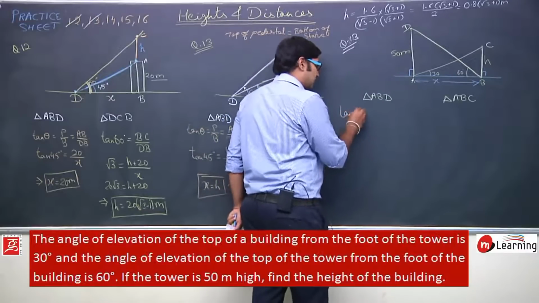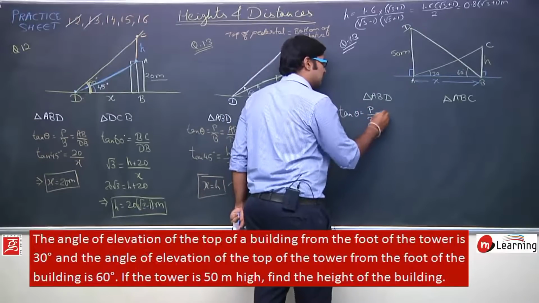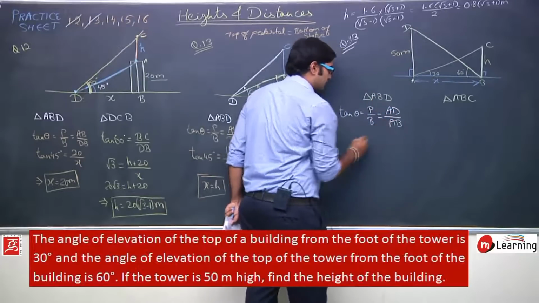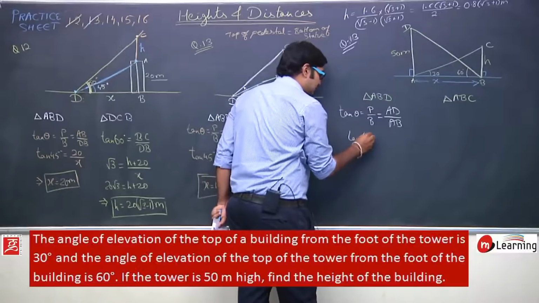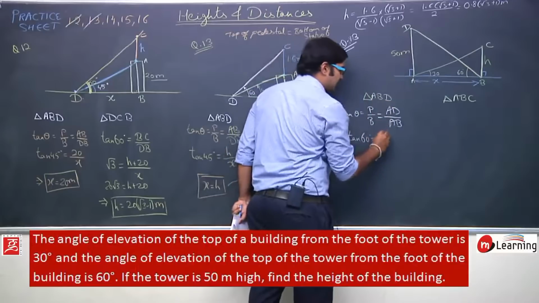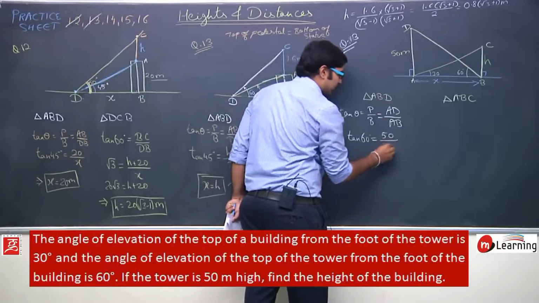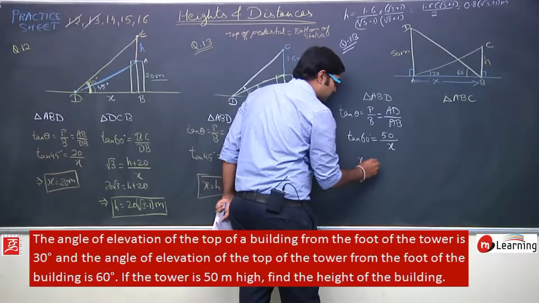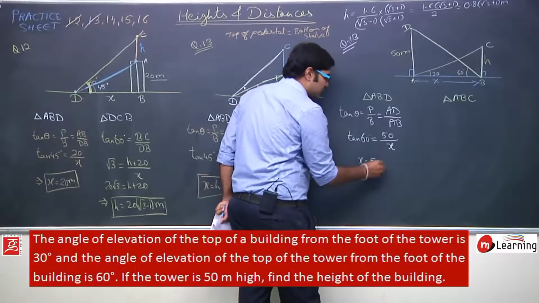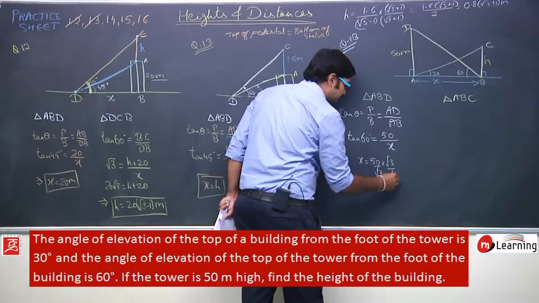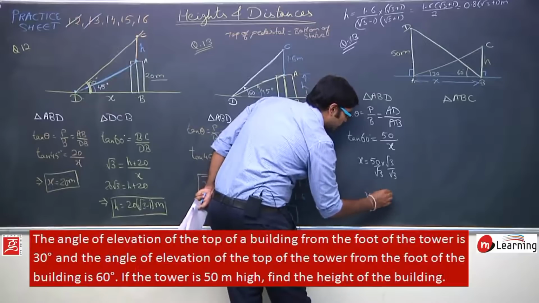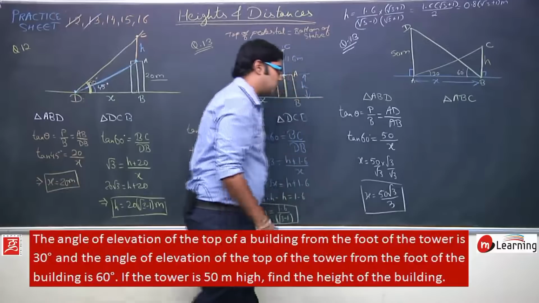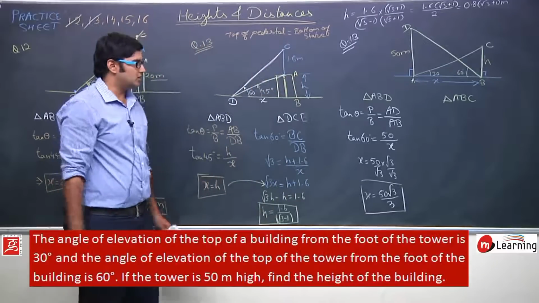So tan 60 degrees equals AD upon AB, which is 50 meters divided by X meters. Tan 60 is root 3, so X equals 50 upon root 3. Multiplying by root 3 on numerator and denominator, X equals 50 root 3 upon 3. This is the value of X.